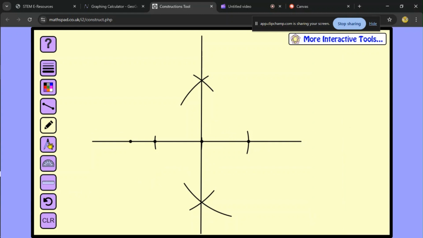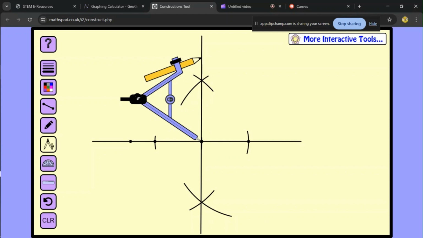I'll come and take my compass and I put the sharp end here, the sharp end there. So I'll come and put the sharp end exactly there. Then I can adjust. Either I put it somehow big or even small. It doesn't matter, but make sure I decide. I don't want to have too long or too short. Then I lock it there.